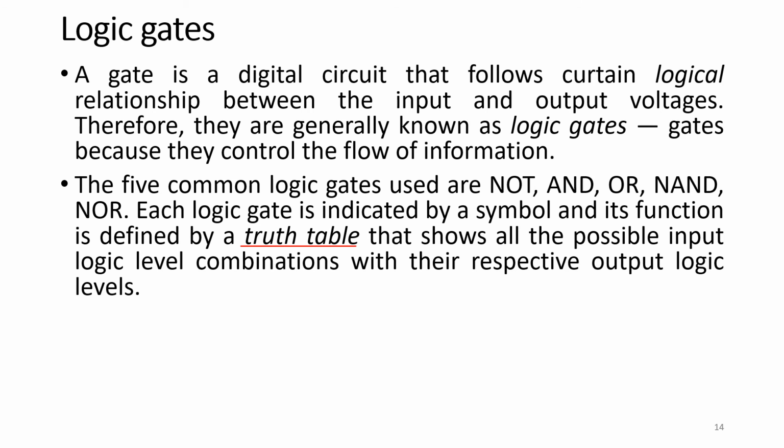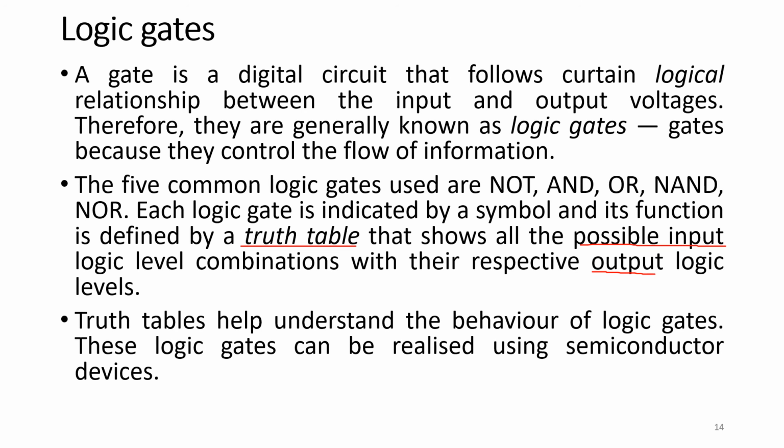So the table shows the relationship between the possible inputs and the output. A truth table helps understand the behavior of logic gates. These logic gates can be realized using semiconductor devices, like diodes.